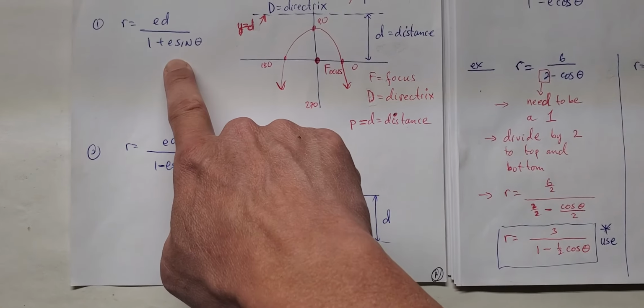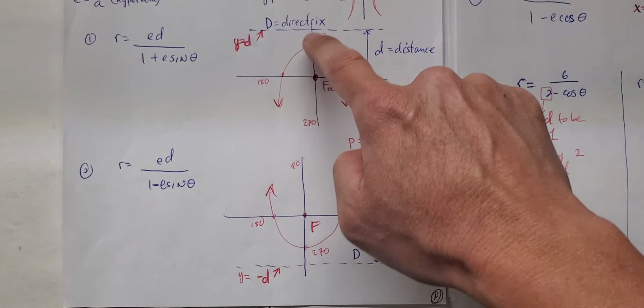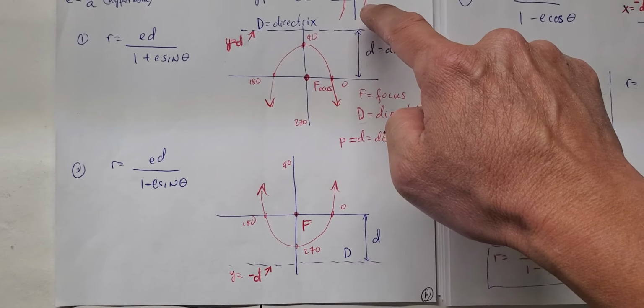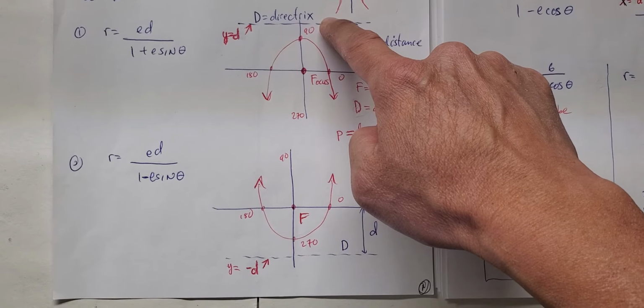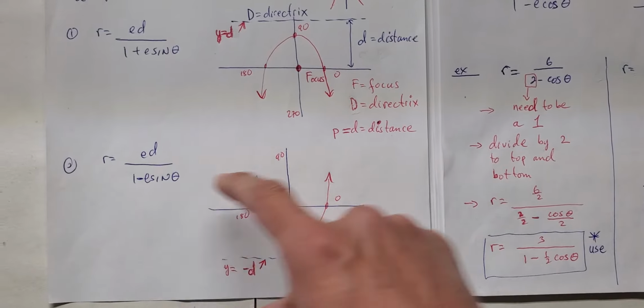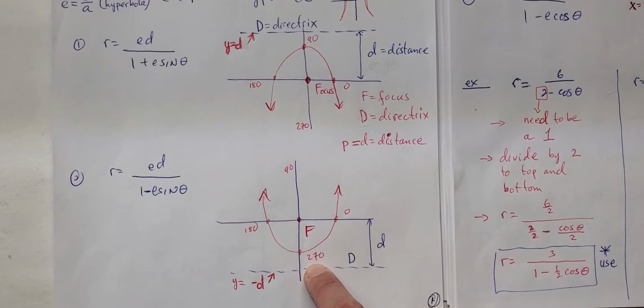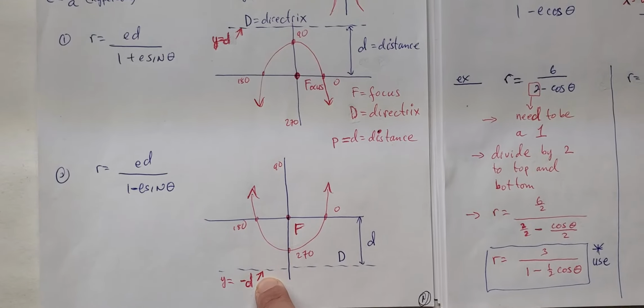One more time. If it's plus, your graph will face down. Your directrix will be on top, so the directrix will be plus, positive. If it's a minus sign, your graph will face up. Your directrix is on the bottom, so therefore the directrix is minus.